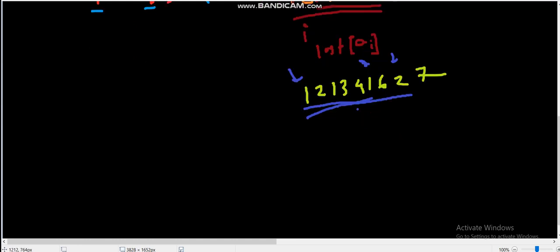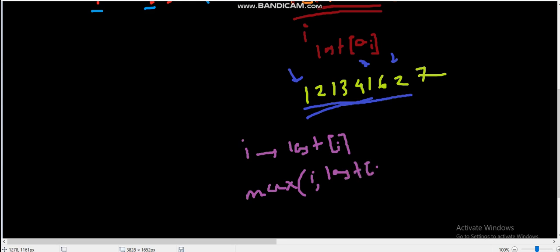So the algorithm will be that, let's say we are at some index i and we have found last[i]. We will try to find the maximum value from i to last[i]. The maximum value over i to last[i] will be our last[i]. That's what we are defining: last[i] will be the maximum of last over i to last[i]. So instead of taking this as last, let's consider this as next.